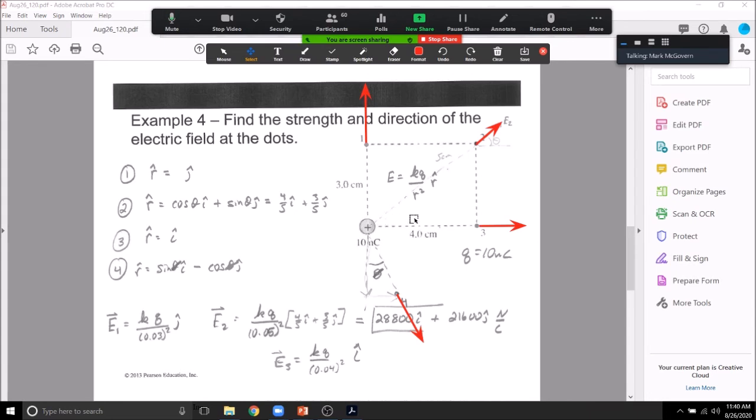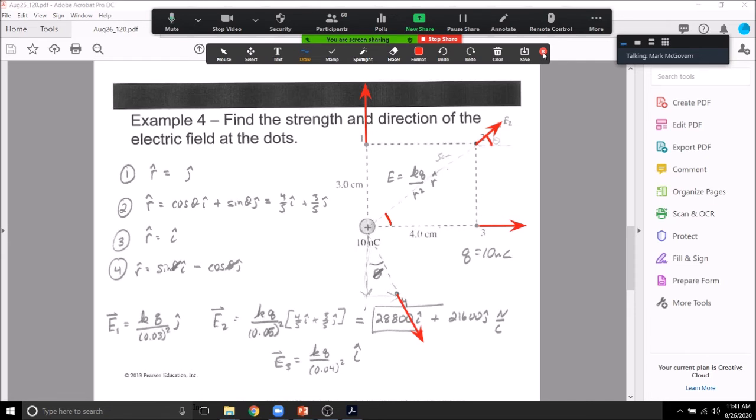You can see from the geometry here that whatever angle is present right here is the same as what's right here. Those are the same angles, and we can easily figure out what that angle is based on the sides. In fact, you don't really need to know the angle, and I recommend that you don't find it, because you don't need it.